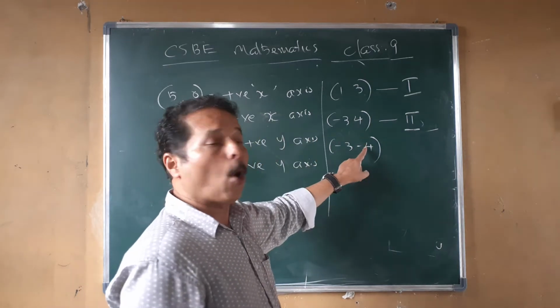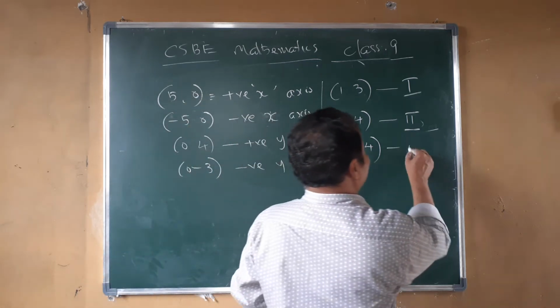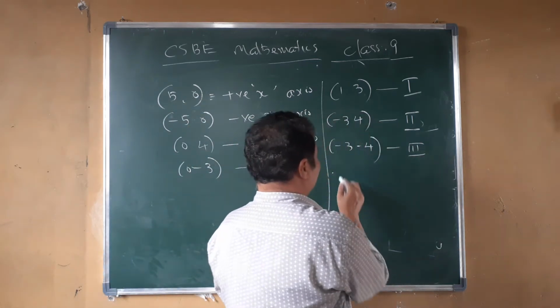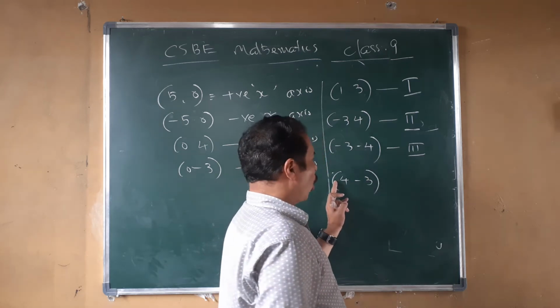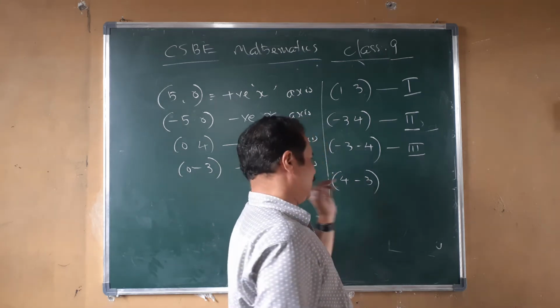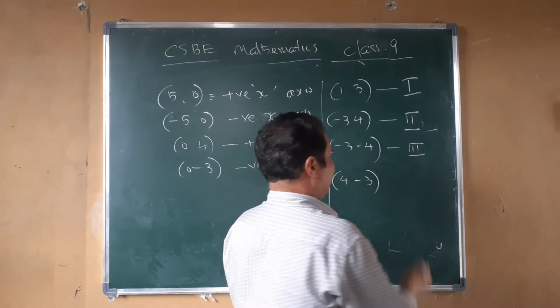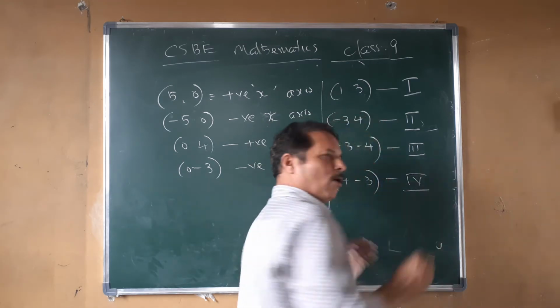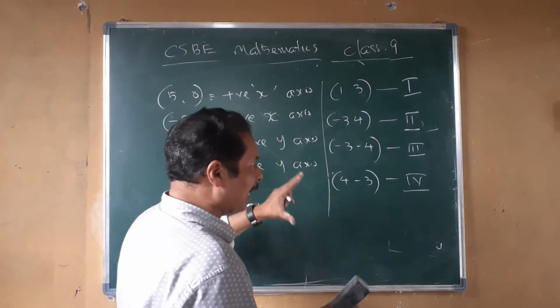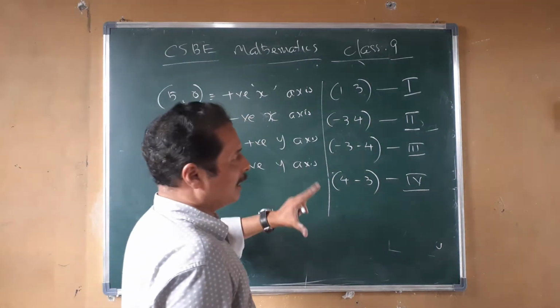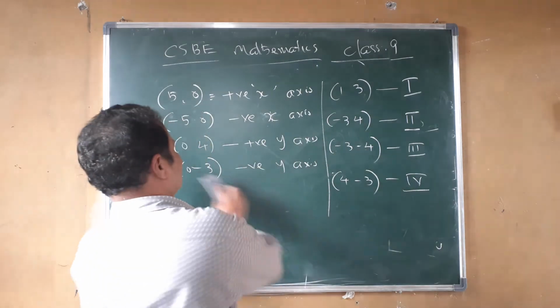Abscissa negative, ordinate negative, then it is in the third quadrant. And 4, minus 3, that is x coordinate positive, y coordinate negative. Abscissa positive, ordinate negative is in the fourth quadrant. Okay, is it clear?